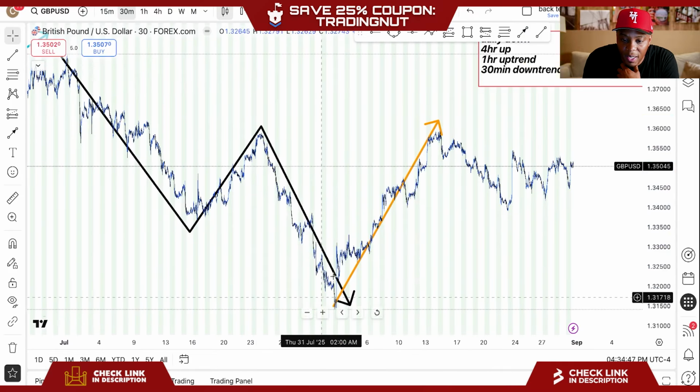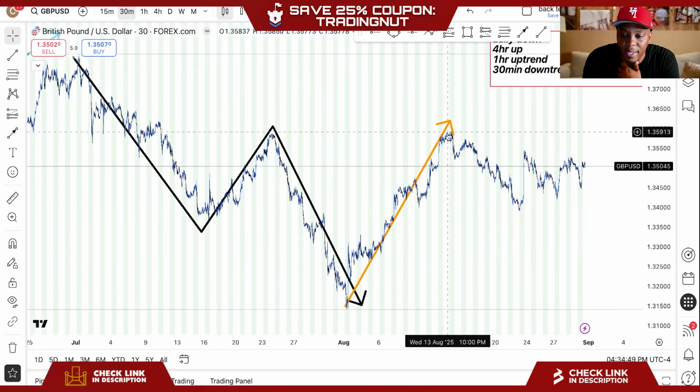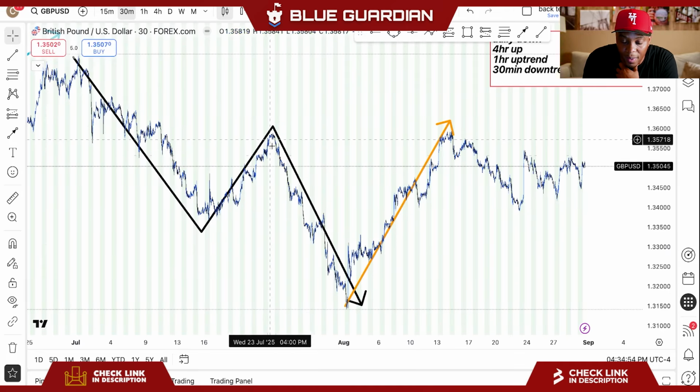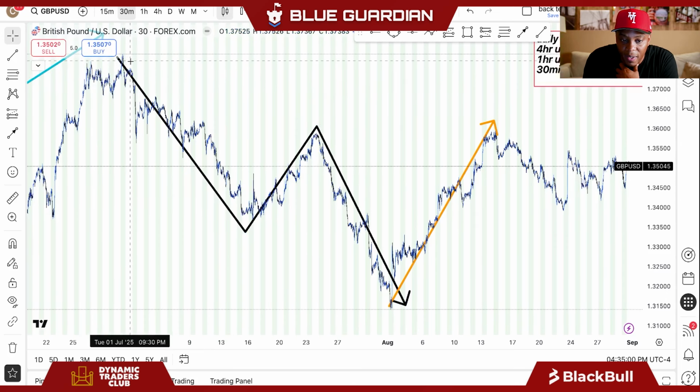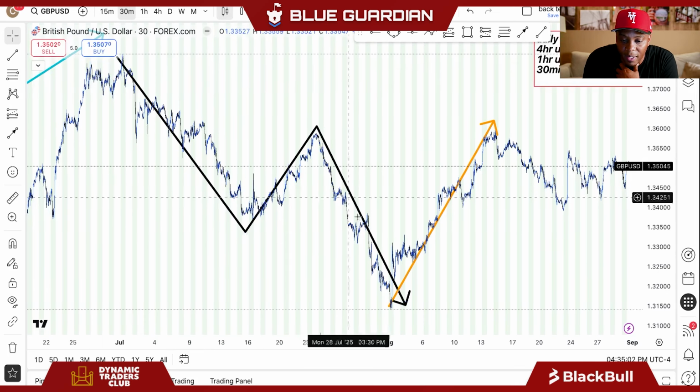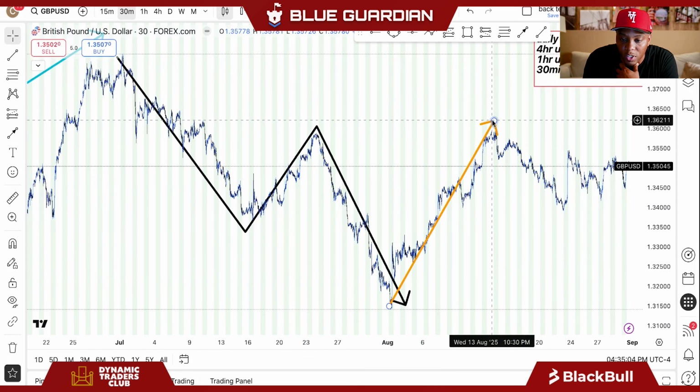This impulse is price starting to initiate an uptrend right here, because we're coming up on this last move where we formed this lower high. So we got a high, we got a low, we got a lower high, and then we got a lower low here. And look at how this move just shot up on the 30.